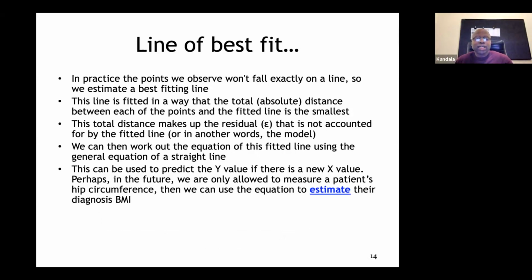The line that we fit is, as I said, a summary to generalize. It's the total absolute distance between each of the points and the fitted line, from the smallest to the biggest. The total distance is really made up of the residuals that are not accounted for by the fitted line. And that is the model.